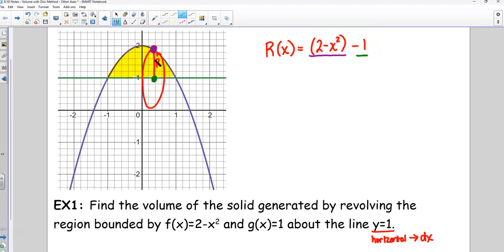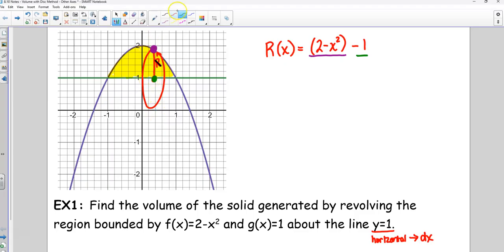Okay, which kind of makes sense. Like if I'm looking at 1/2 right here, if I do 2 minus 1/2 squared, that is going to be 2 minus 1/4. That's going to be 1 3/4, more or less right here. I'm a little off, but the length of the radius is not 1 3/4 because we're only going down to 1, right? We got our value, but we got to subtract 1 because we're not going all the way down to the x-axis. We're stopping at 1.